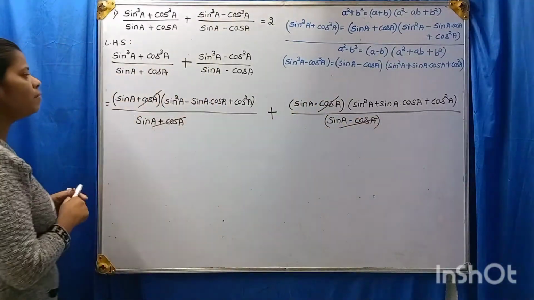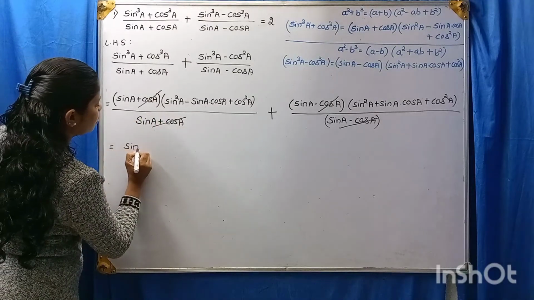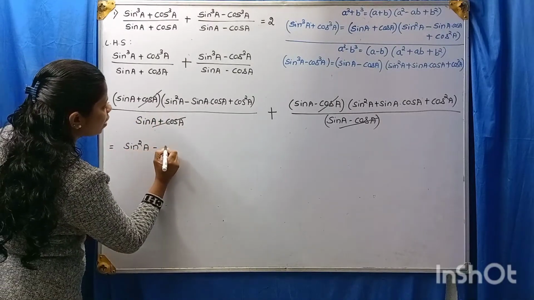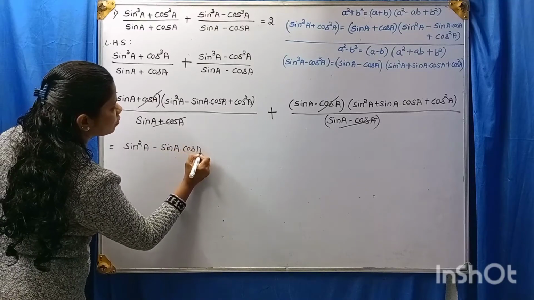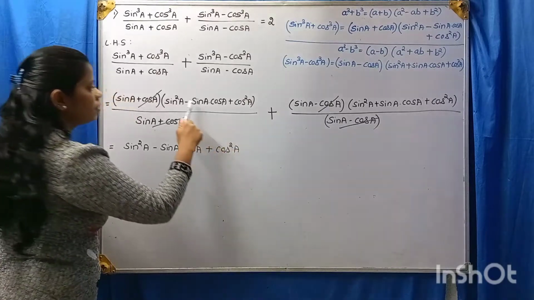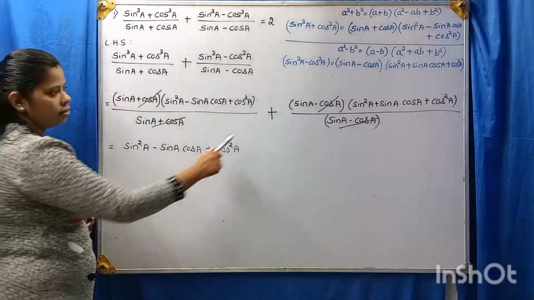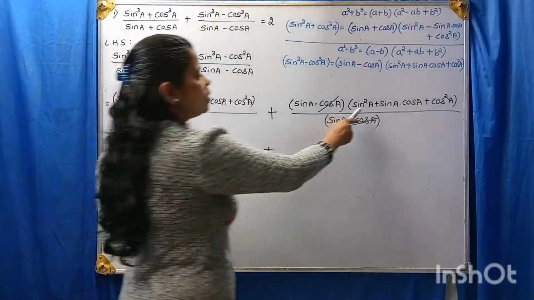And what is left here? Sin square A minus sin A into cos A plus cos square A. The remaining term is this one. Then plus, what is left here?